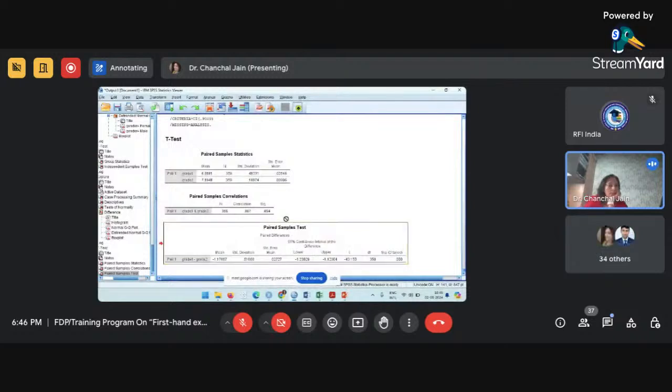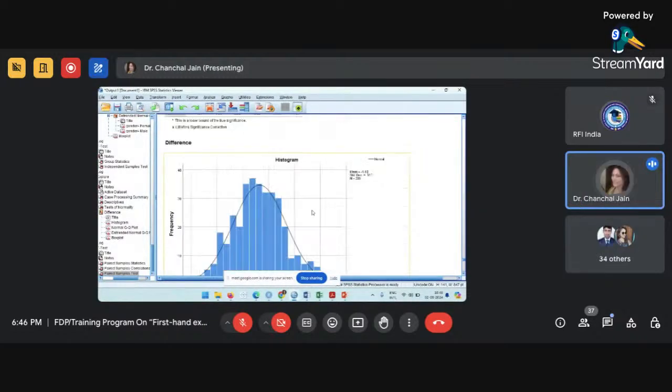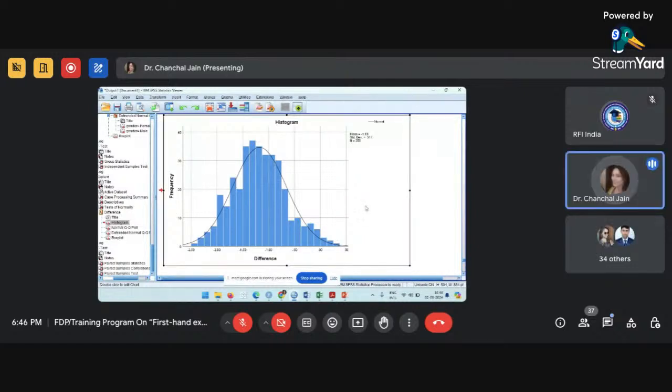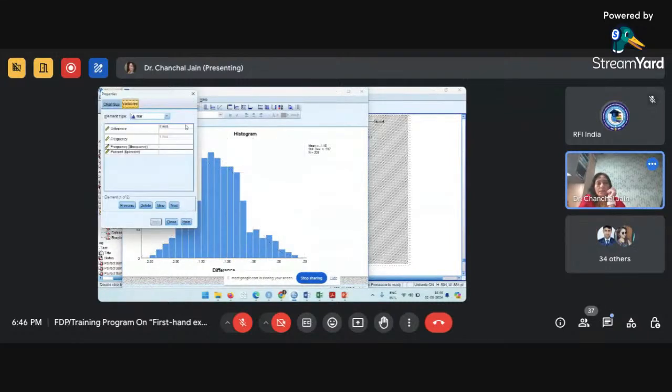Now what you need to do, suppose I come to this. This is the histogram, right? You need to double click on the histogram. The Chart Editor will open. Here in the toolbar below the main toolbar, you can find various graph options. You can see the second last option, which is the show distribution curve. Suppose I'm hiding this. Okay, just a minute.